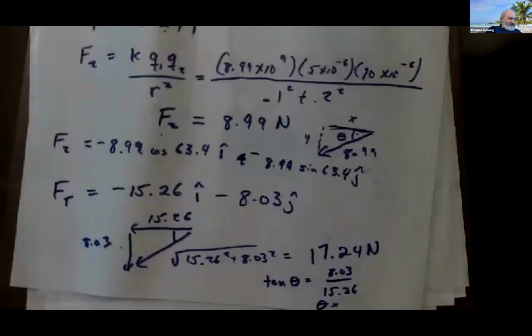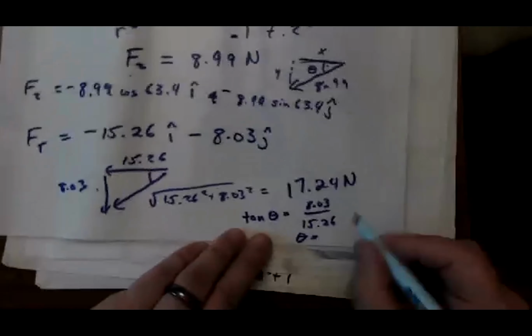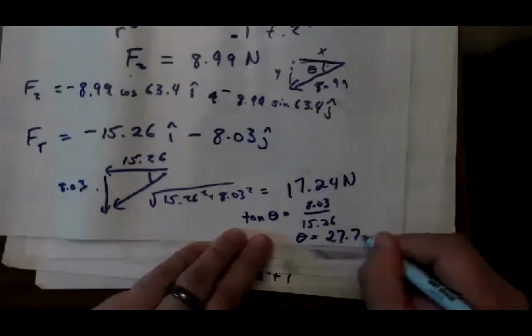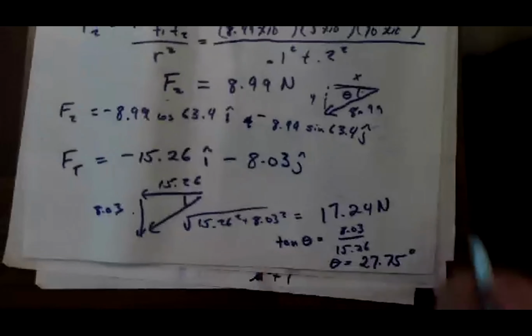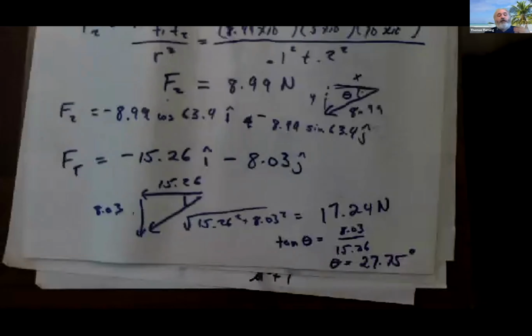The inverse tangent of... I get 27.75 degrees. So I can say that it's in a direction down and to the left at an angle of 27.75 degrees below the horizontal.